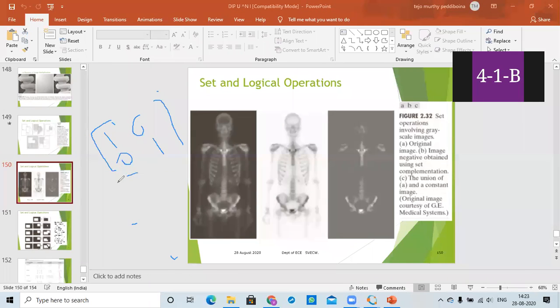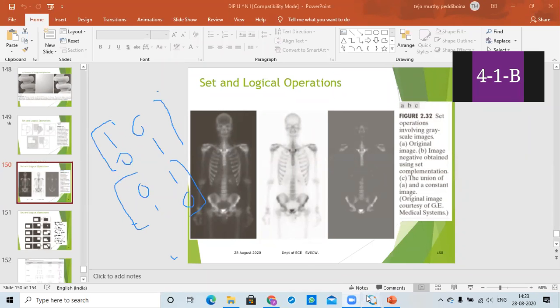Then the IM complement of this: 1 should be replaced by 0, and 0 should be replaced by 1, and this is 0. So you can get the complement of the image, and after that you can do some union operations so that you will get a desired pattern.